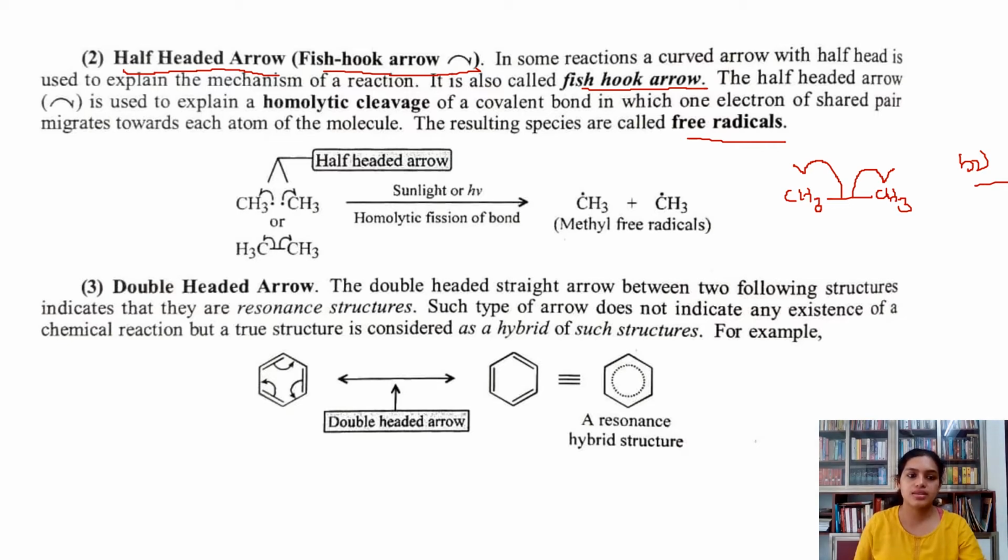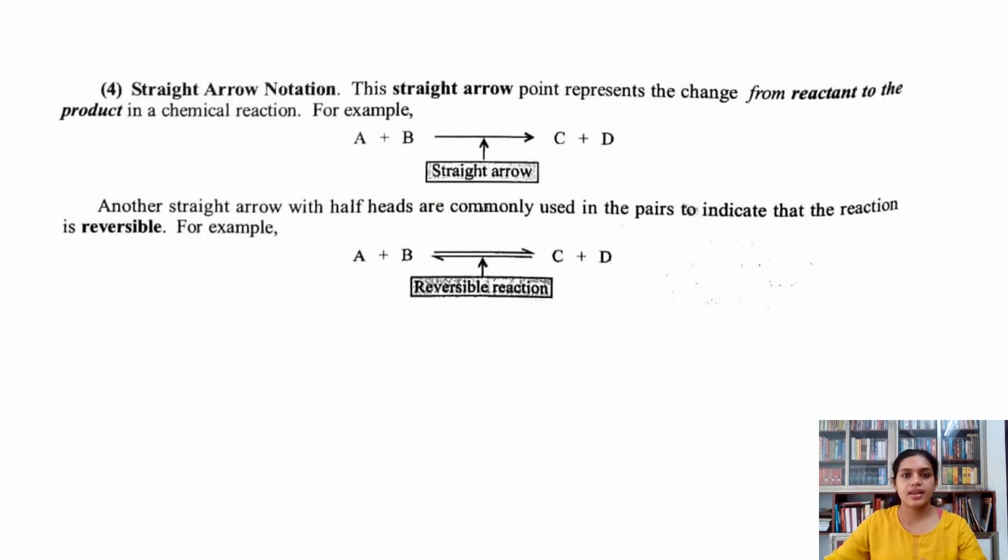And the third one is the double-headed arrow. We are well versed with this double-headed arrow. It is used to represent resonance structures. And the last one is the straight arrow notation.